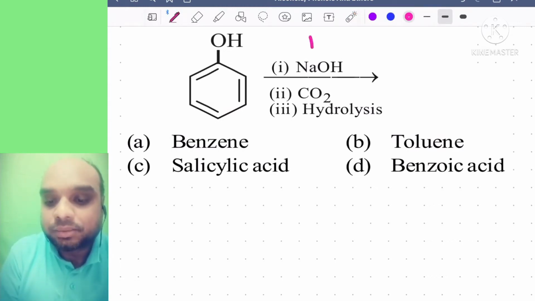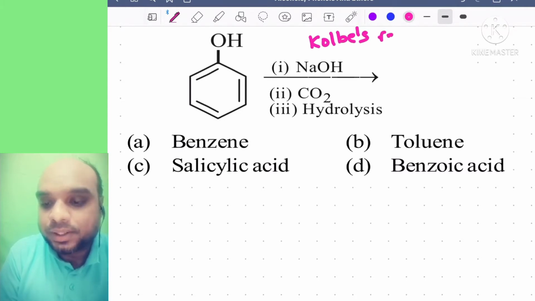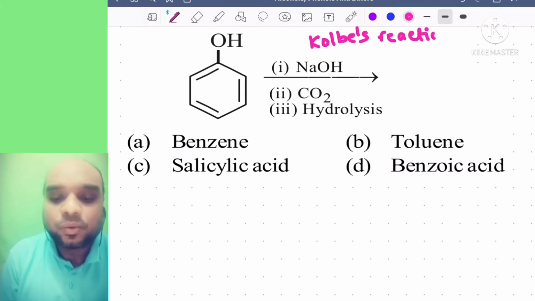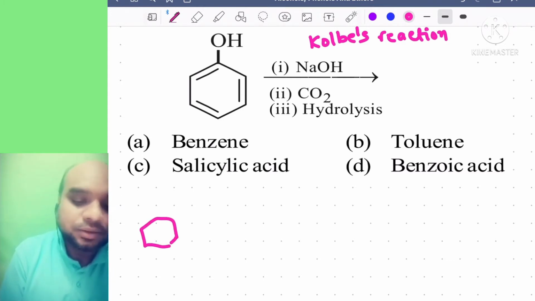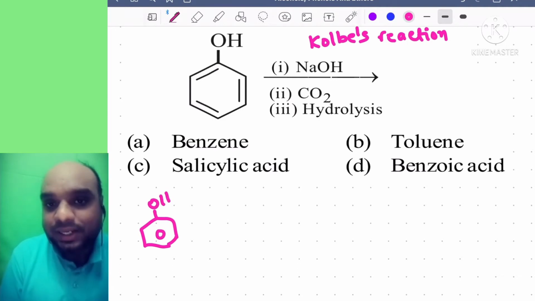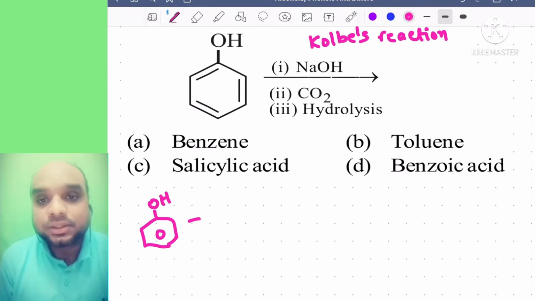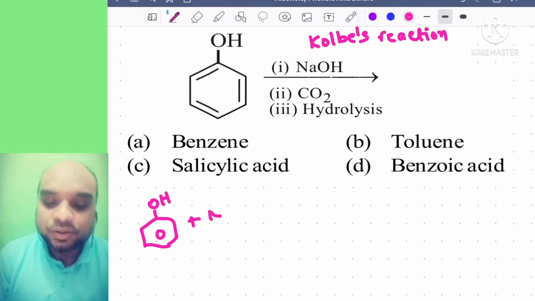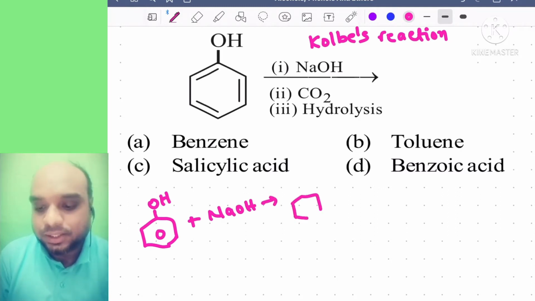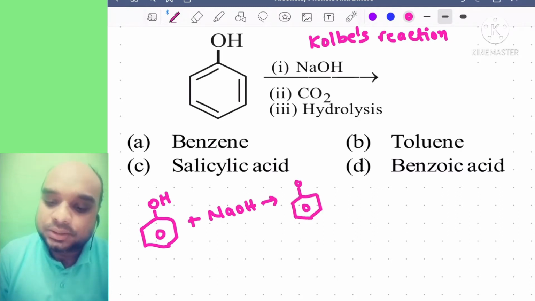What is that named reaction? It is the Kolbe reaction. In this reaction, what is happening is that phenol, when it reacts with NaOH, first gives sodium phenoxide ion. What you are getting here is sodium phenoxide ion, with O minus and Na plus.